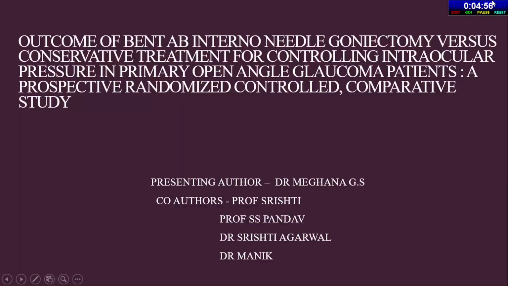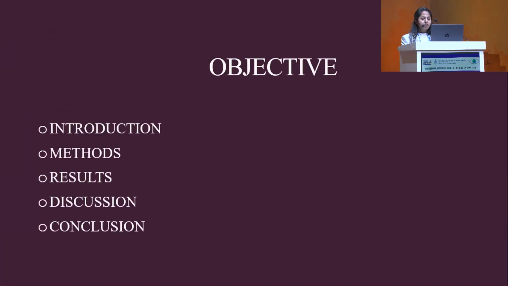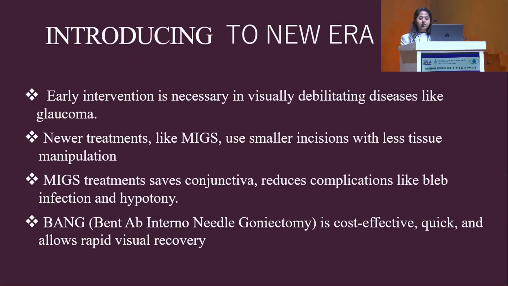I'm going to present the outcome of bent needle goniotomy versus conservative treatment for controlling intraocular pressure in primary open-angle glaucoma patients. Introduction. Early intervention is necessary in visually debilitating diseases like glaucoma. Newer treatments like MIGS use smaller incisions with less tissue manipulation. MIGS saves conjunctiva and reduces complications like bleb infection and hypotony.